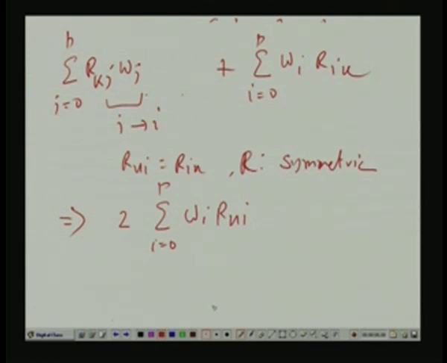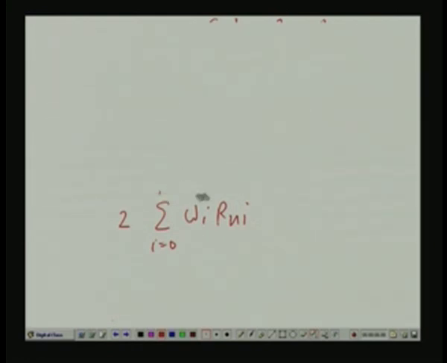I differentiated that quantity, where from did it come actually? It came from deriving this with respect to W k, but I am deriving this with respect to W 0, W 1 up to W p. So, k can take value from 0, 1, dot dot dot.